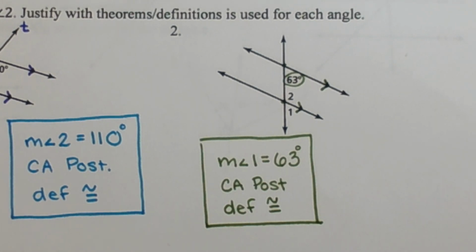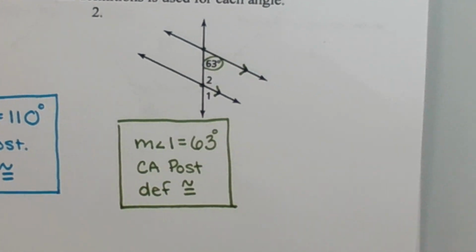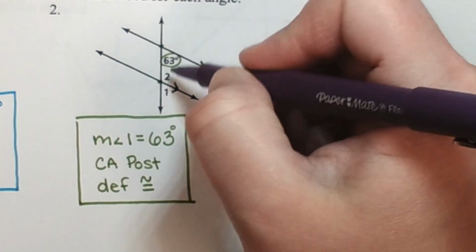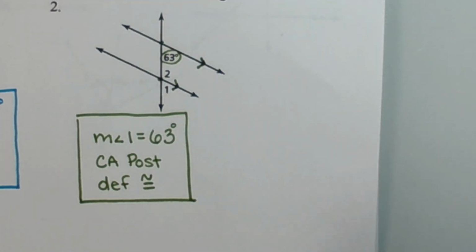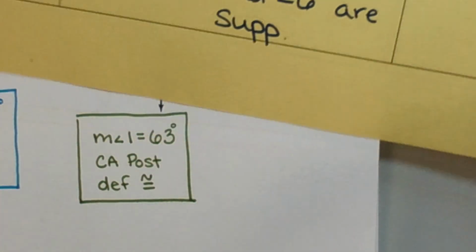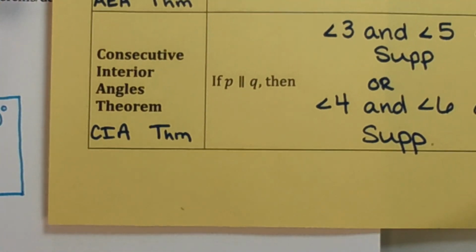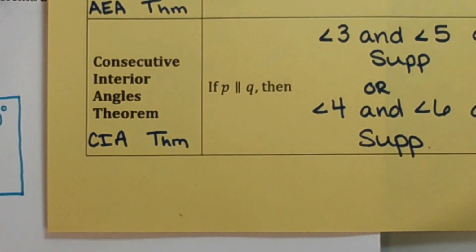Now, for the measure of angle 2, they're on the same side of the transversal still, but they're both interior, which means they're consecutive interior angles, and consecutive interior angles are supplementary.